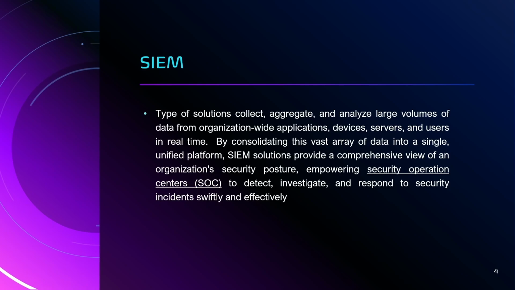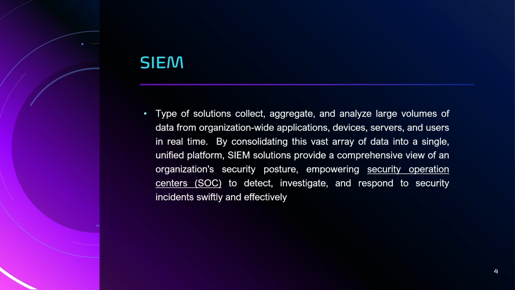So, what does a SIEM really do? A SIEM collects logs from different data sources and aggregates them, meaning a SIEM collects logs from different sources like servers, applications, network devices, firewalls, cloud platforms like AWS, GCP, and many more.